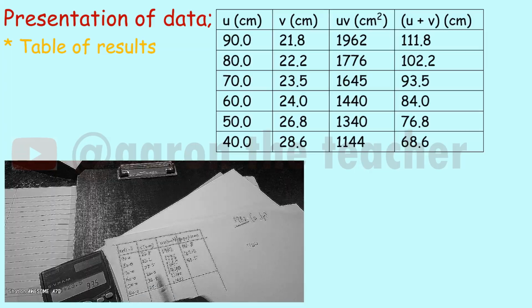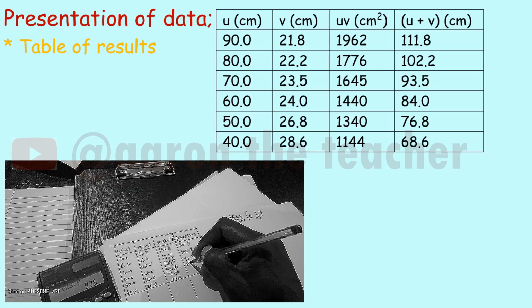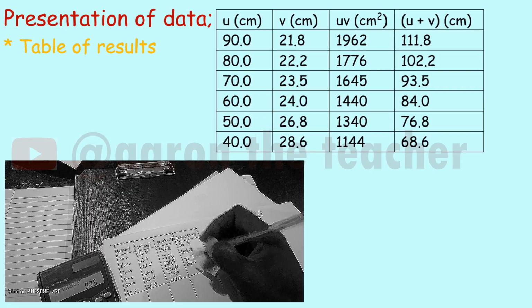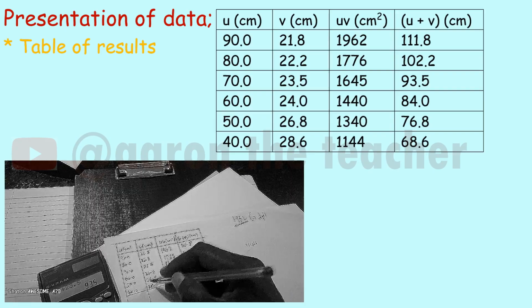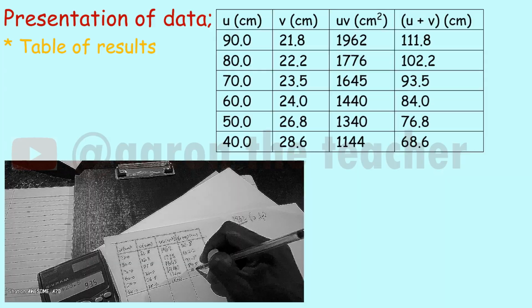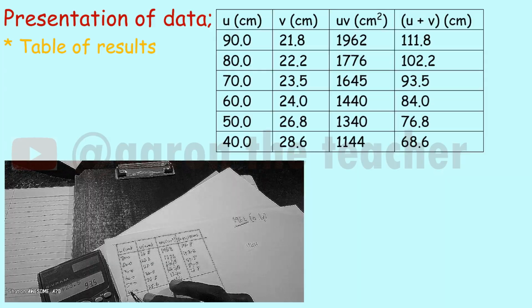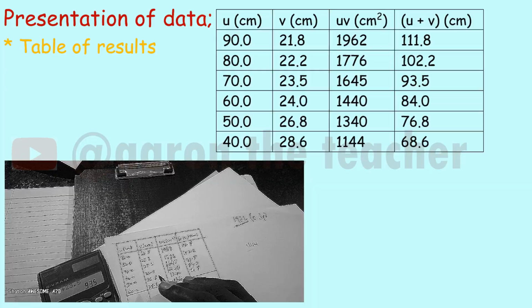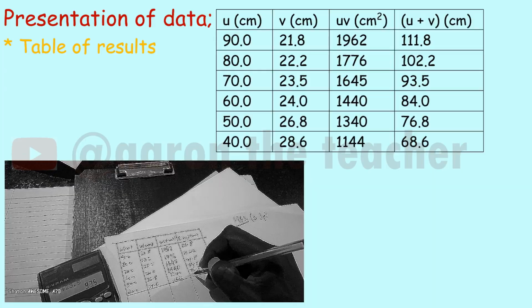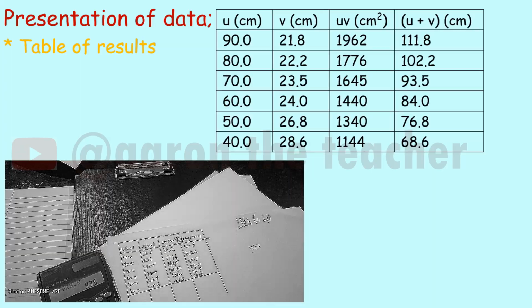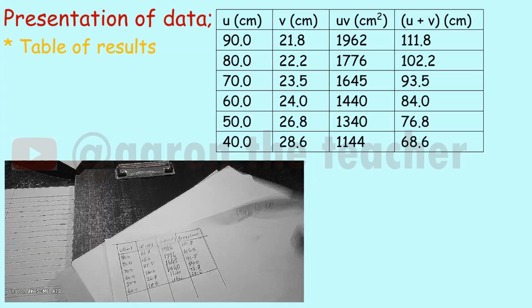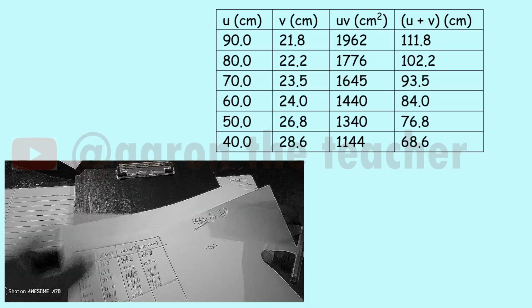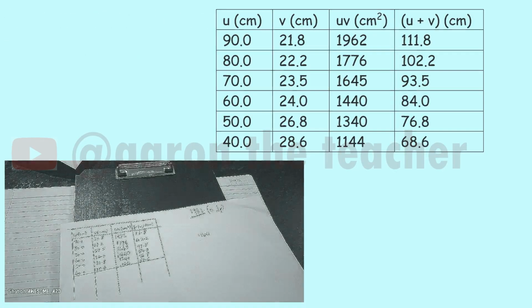This plus that to give 84.0. This plus that to give 76.8, and then lastly 40 plus 28.6 to give us 68.6. And that's how our table is looking like.